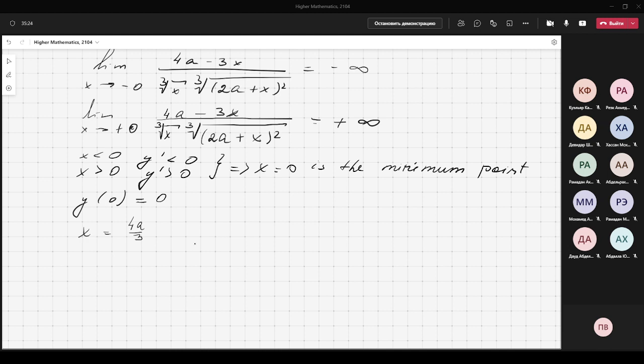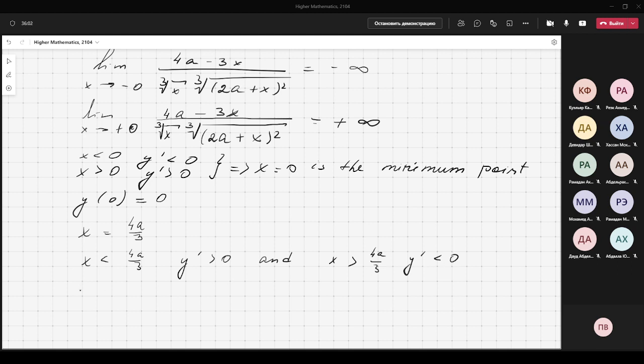The derivative vanishes. Let us investigate the character of this critical point. Examining the expression of the first derivative, we note that for x less than 4a over 3, y prime is greater than 0, and for x greater than 4a over 3, y prime is less than 0.